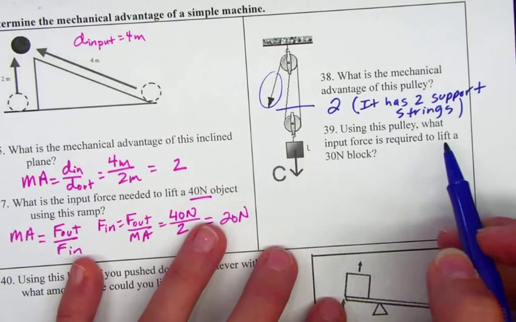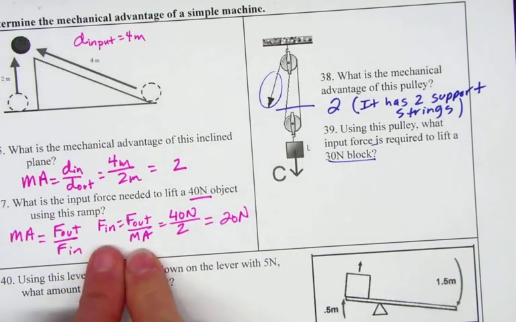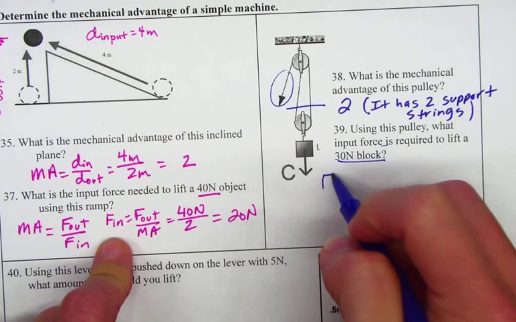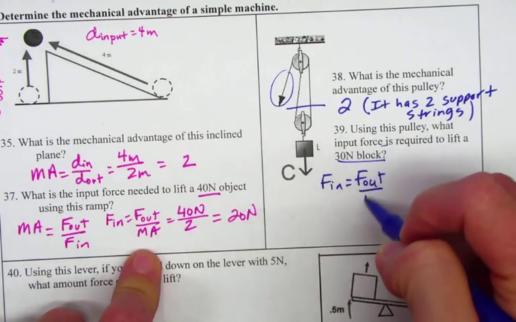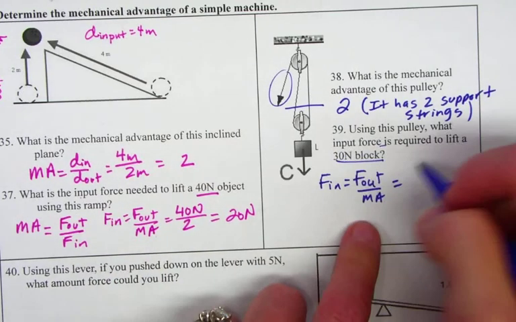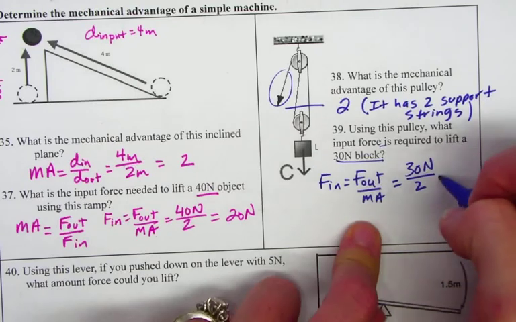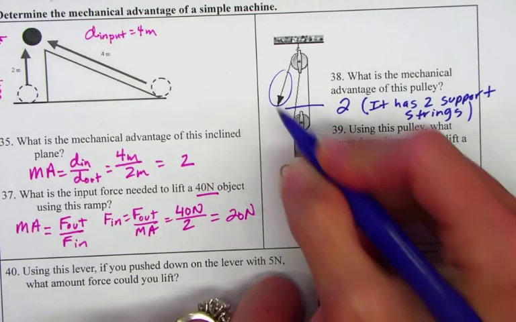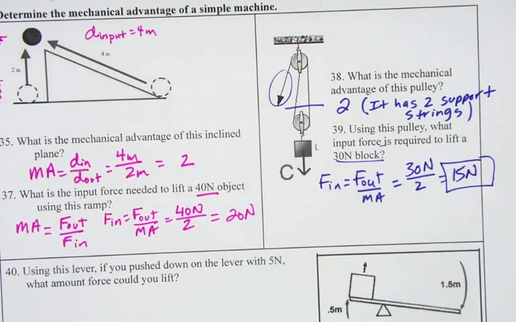So using this pulley, what input force is required to lift a 30 Newton block? So coming back to this equation, we know the input force is equal to the output force divided by the mechanical advantage. So that's going to be 30 newtons divided by 2. So the input force, what we're feeling is we're pulling down, is going to be 15 newtons.